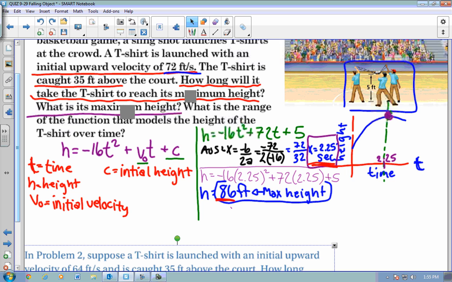It says, what is the range of the function that models the height of the t-shirt over the time? You and your neighbor, you guys know how to do range. We've been practicing range. Discuss what the range is, and be specific on parentheses and brackets.